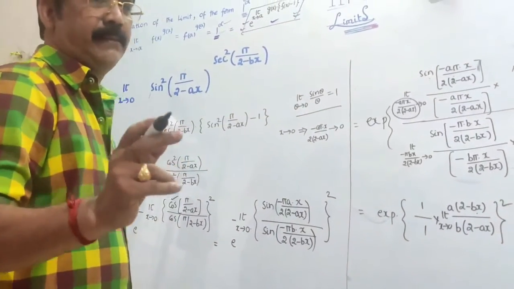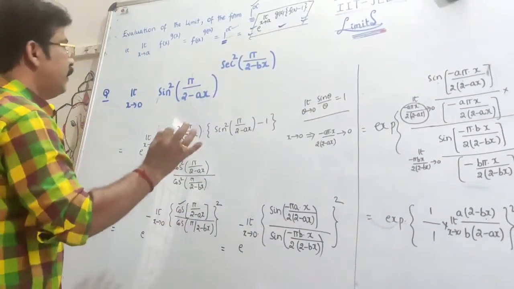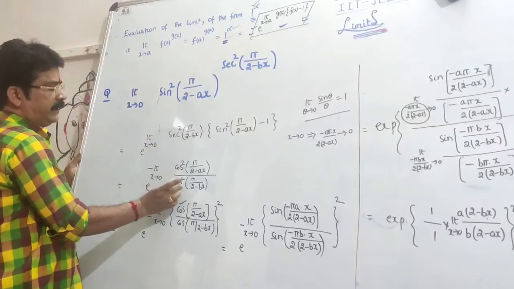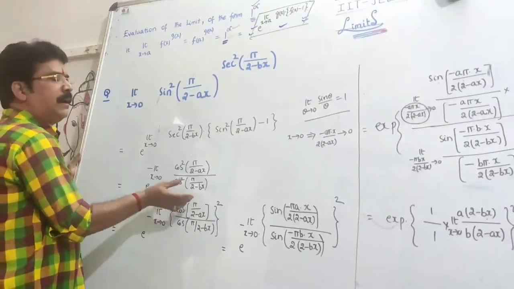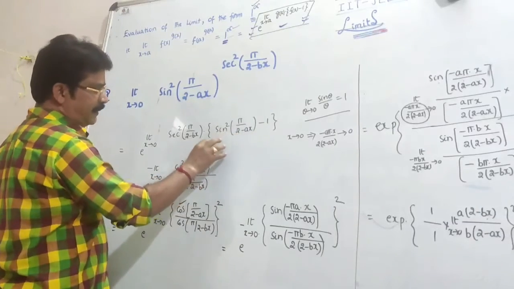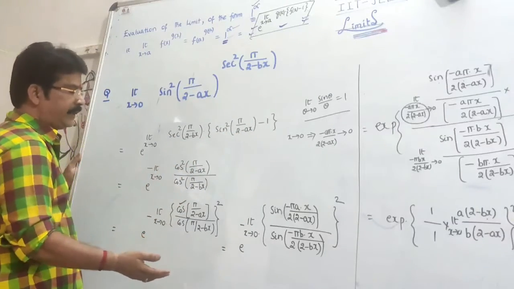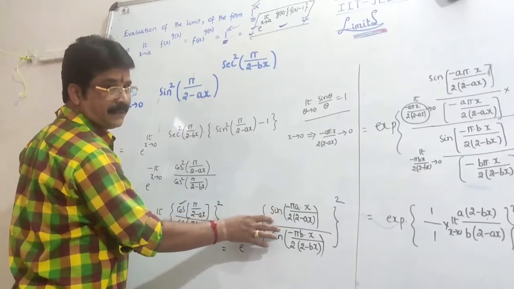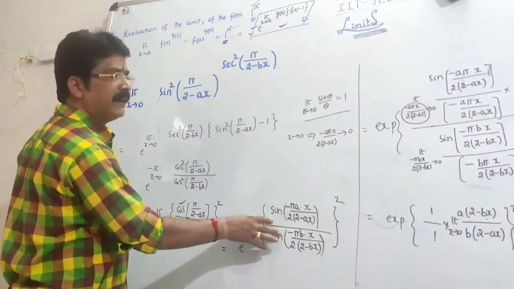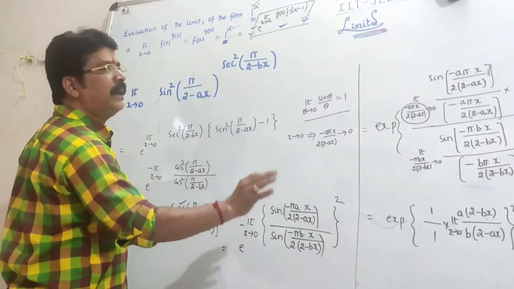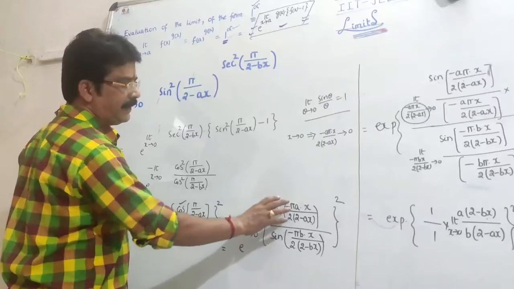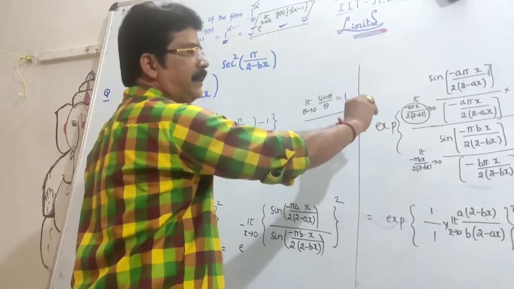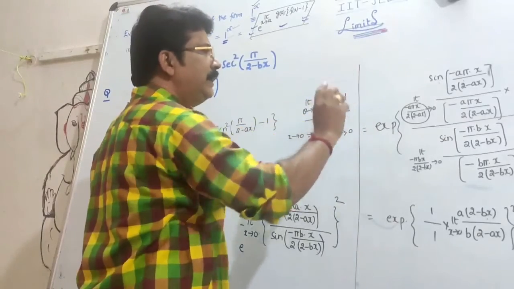Here two turning points are there. Namely, number 1, we have to write secant square is equal to 1 by cos square. Of course, this is the trigonometric formula. After that, the second turning point, we have to express this cos theta in terms of sin theta as sin of 90 minus theta, that is equal to cos theta. Simplify it. After that, try to obtain the form limit theta tends to 0 sin theta by theta.